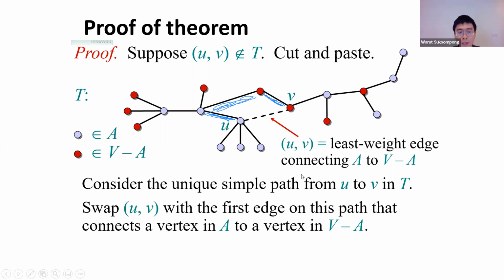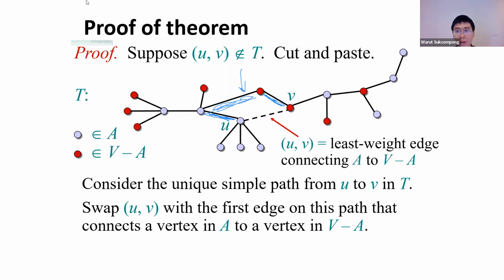So then what we do is swap UV with the first edge on this path that connects a vertex in A to a vertex in V minus A. That's going to be this edge here, which connects a blue vertex to a red vertex.